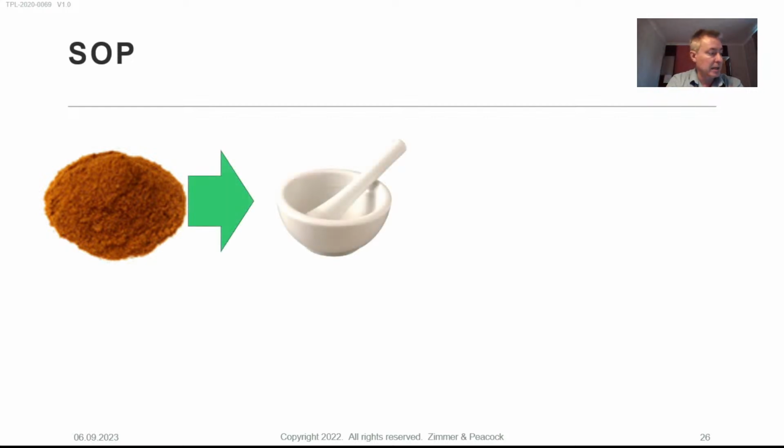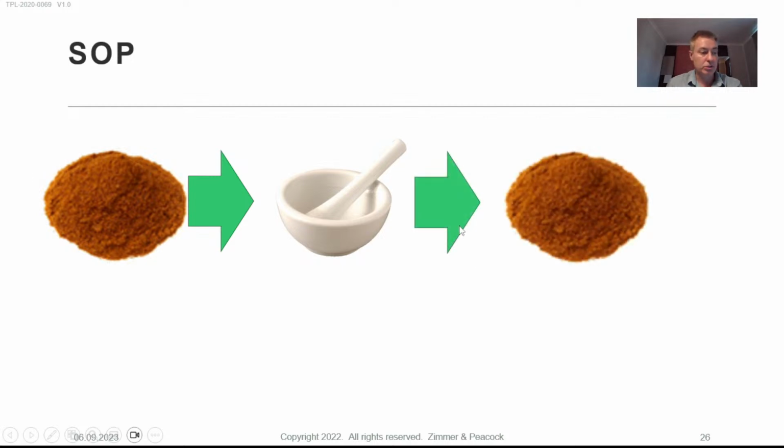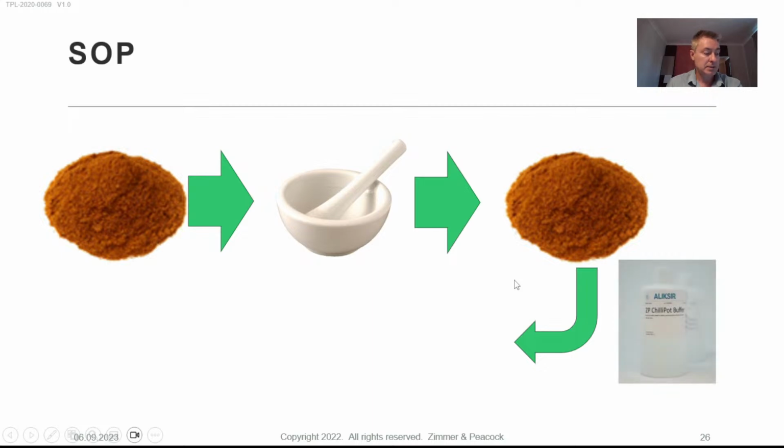You can do that in a fairly fast manner. Grind it up, so you now have a powder with a much smaller grain size. Extract that. I still like extractions of something like 0.1 grams dissolved in 10 milliliters of buffer.